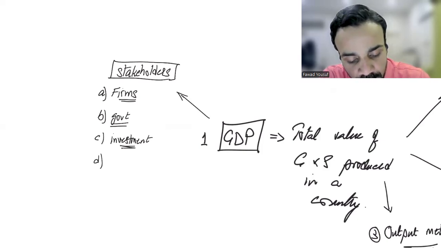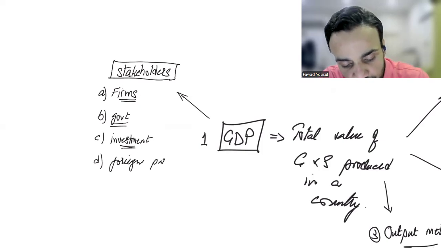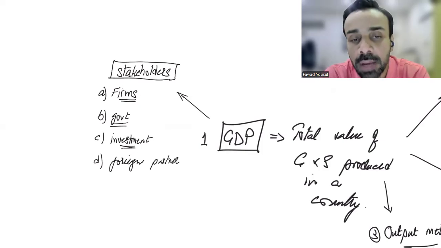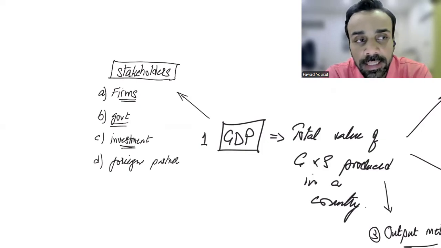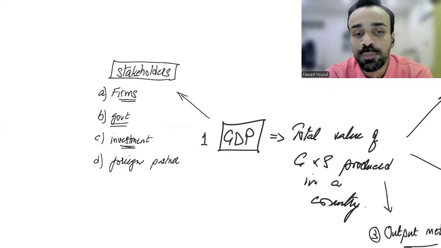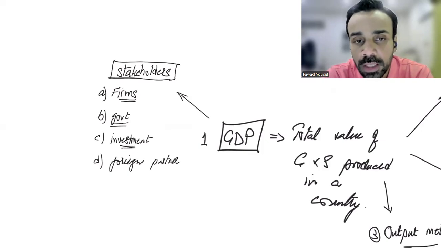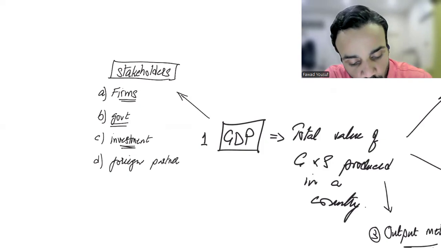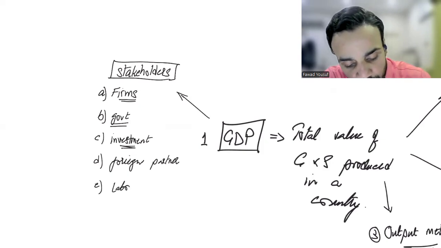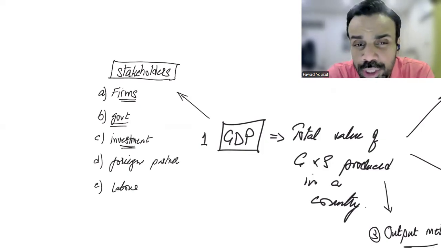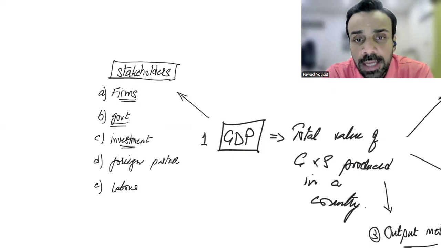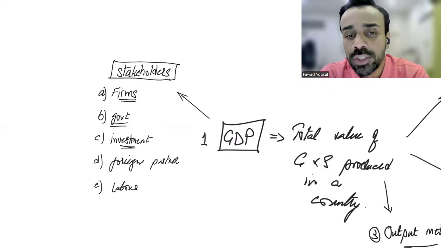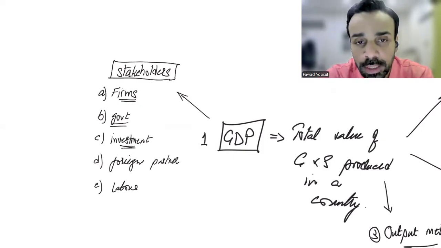Then you have all sorts of foreign partners, it could be the IMF, it could be the World Bank, it can be a company which buys goods and services from us or we from them. They're interested. Then within the local economy, labor unions and labor would be interested in looking at these numbers just to see how the country is doing and where it's going.